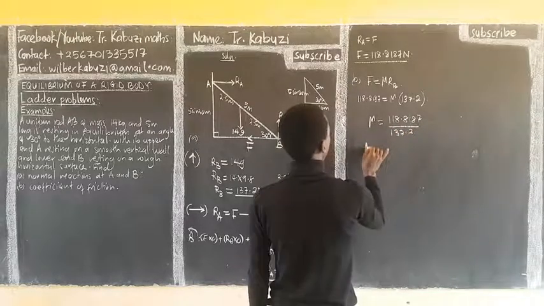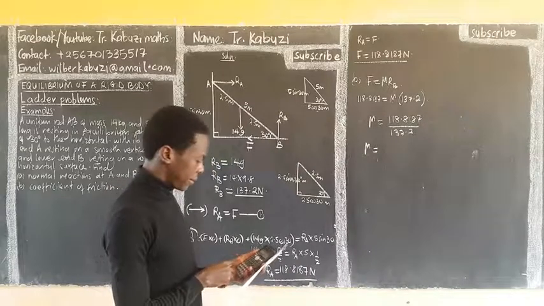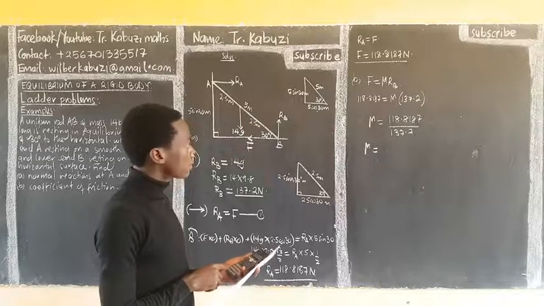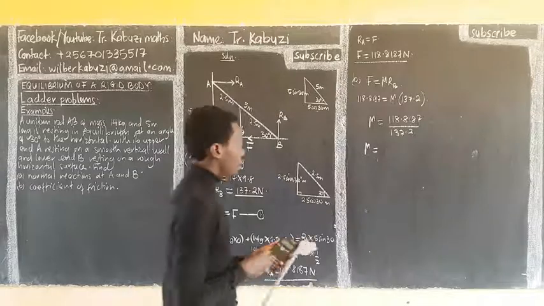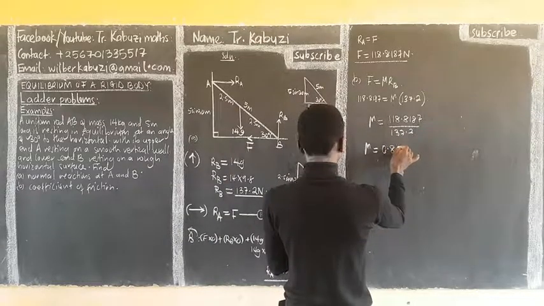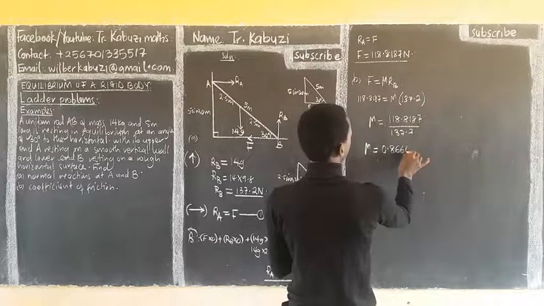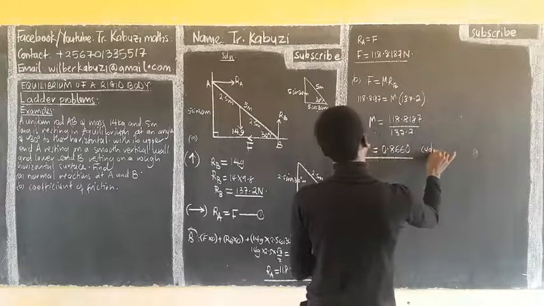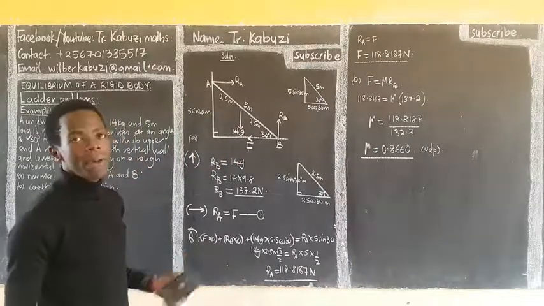Now our mu, this is the coefficient of friction. So it's going to give me 0.8660. As simple as that, now we are done with that question.